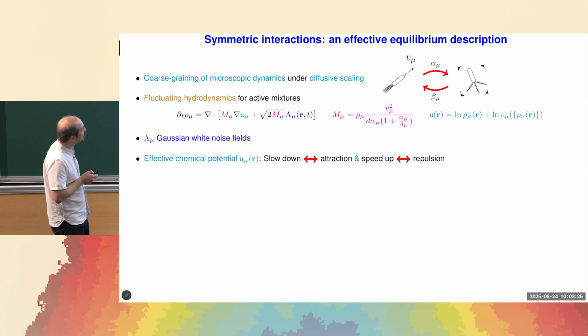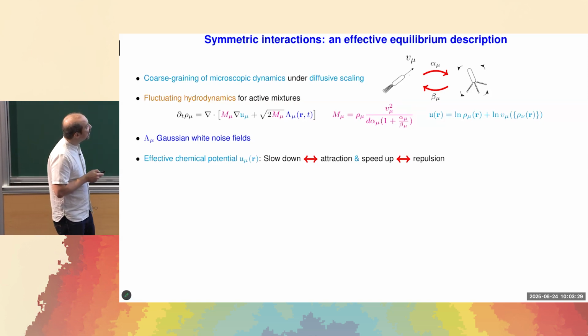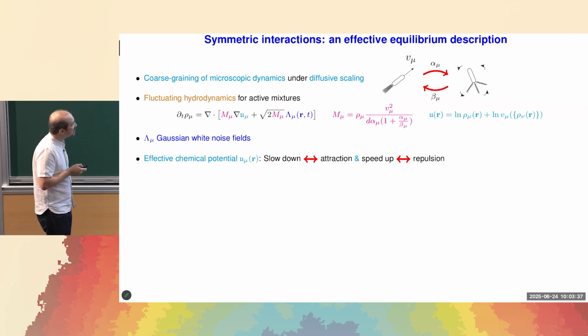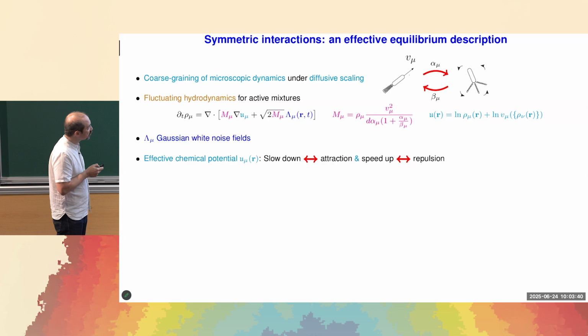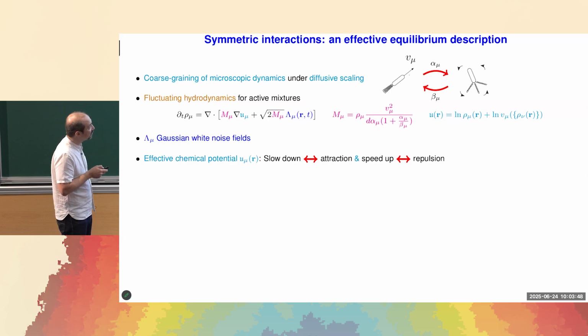The first thing that I'd like to show is that log v here acts as the derivative of an effective energy. If you think in terms of chemical potential, when v is small, log v will be very negative. When v is large, the chemical potential will be very large.